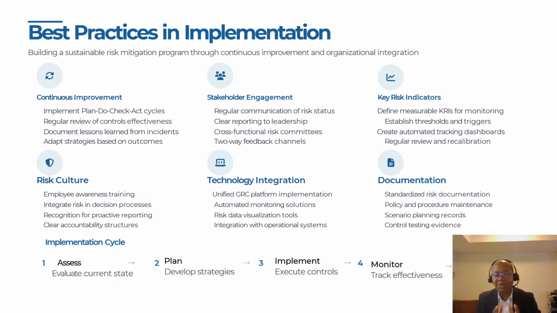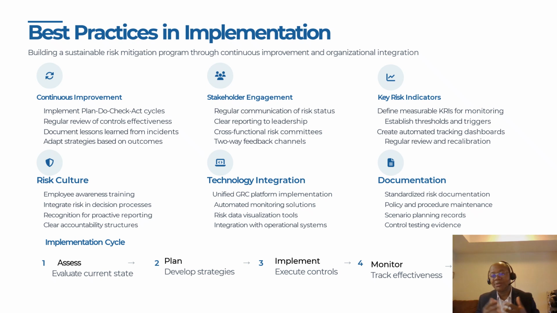Finally, documentation. Documentation is so important. And the best way to do that is first, standardize risk documentation, policy and procedure maintenance, scenario planning records, and control testing evidence. These records must be properly kept so that they can be referred to.